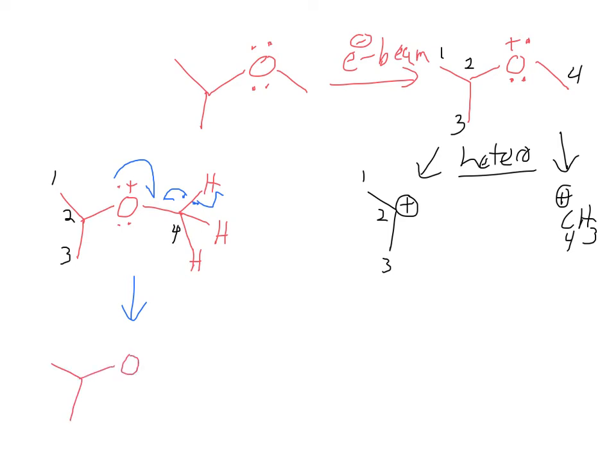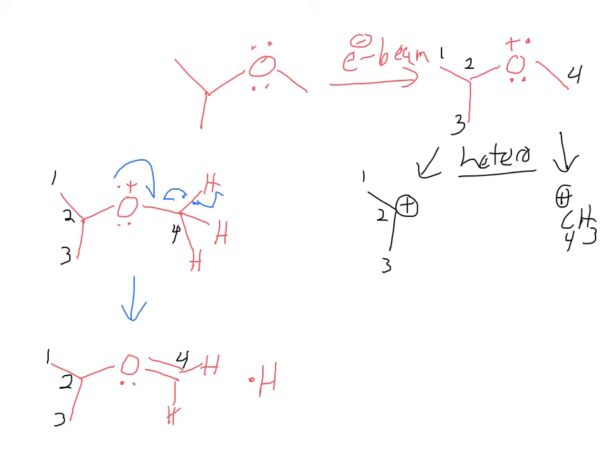So over here, nothing changed. We formed a pi bond right here with these two electrons, a new pi bond between O and carbon 4. There are still these other two H's left, and we also formed an H dot with one electron.